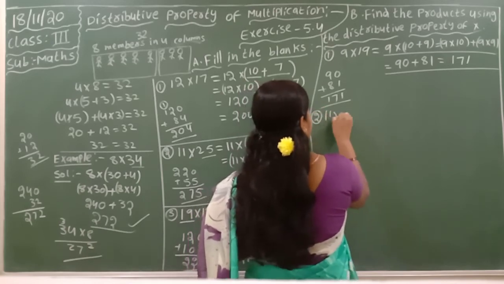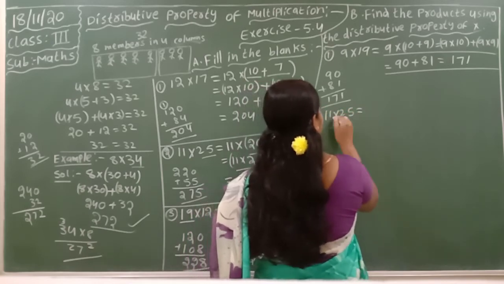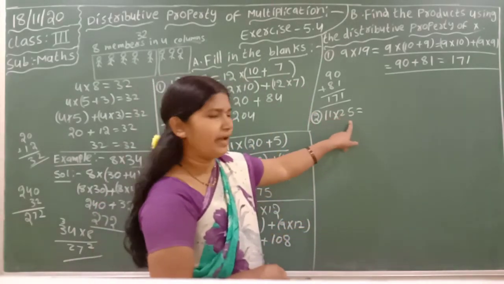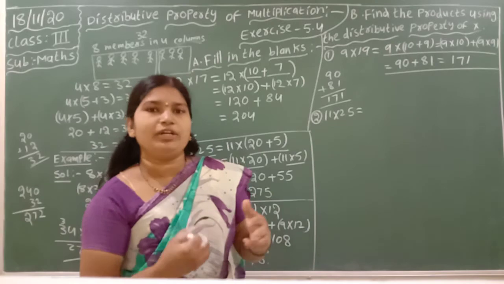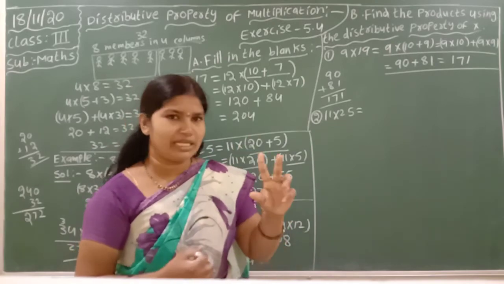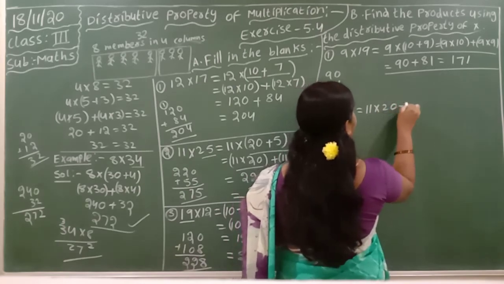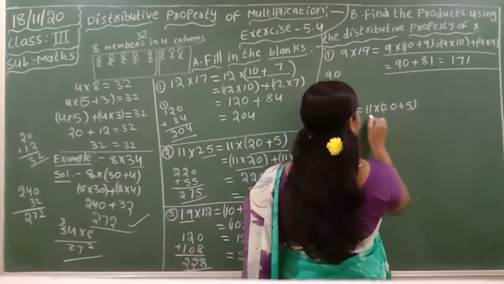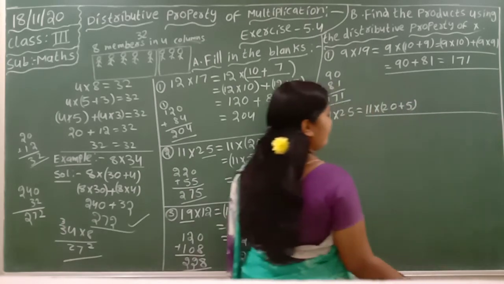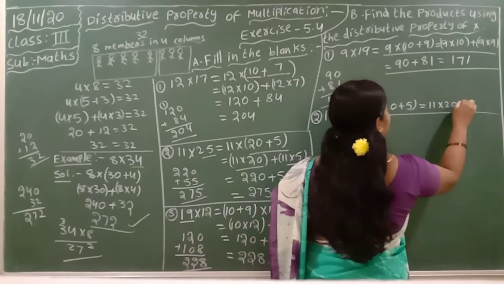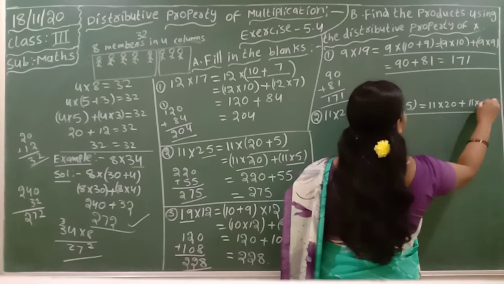Same like this, second question, that is 11 into 25. Here which is the bigger number, children? 25. So this 25 has to be converted into two smaller numbers, that is 11 into 20 plus 5, 25. Here again 11 into 20 plus 11 into 5.